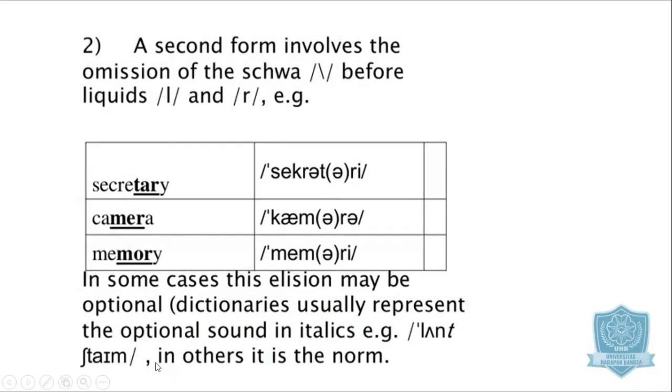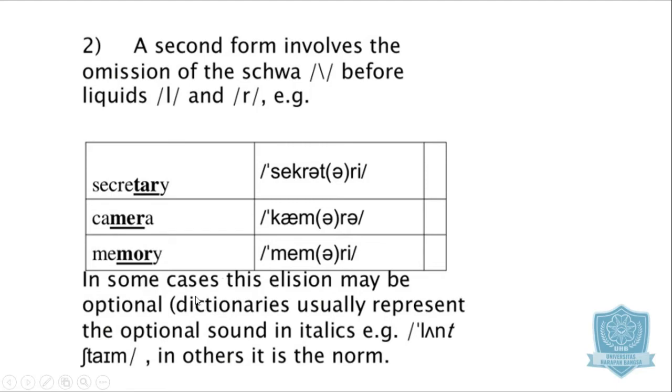A second form involves the omission of the schwa before the liquids L and R. Examples like secretary: the omission will make it secretary. Camera becomes camera. Memory.